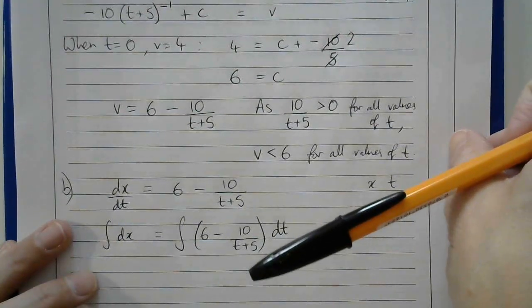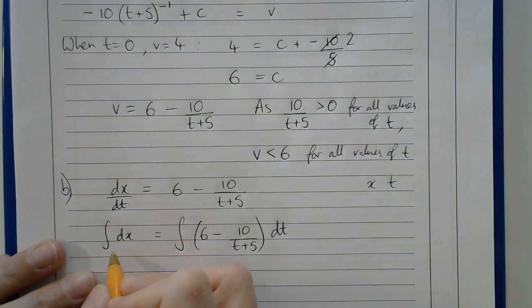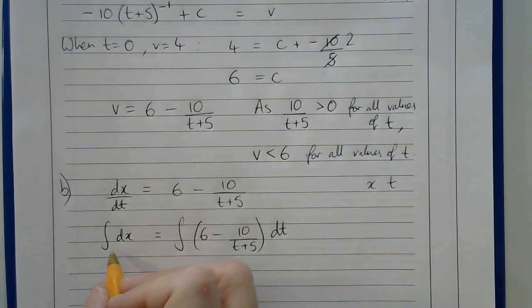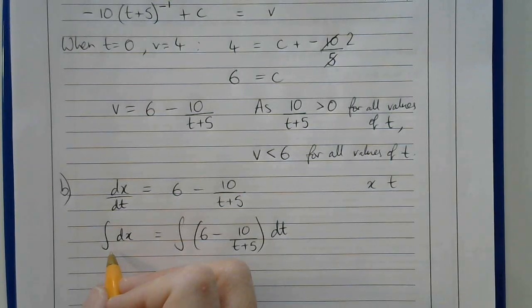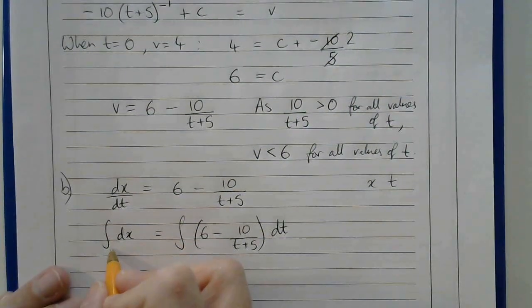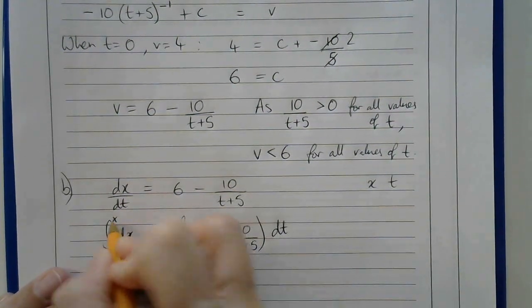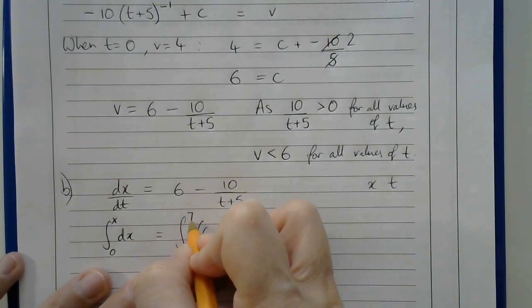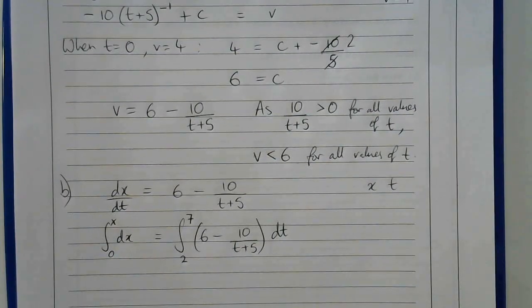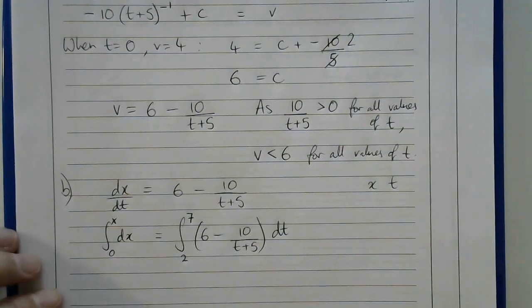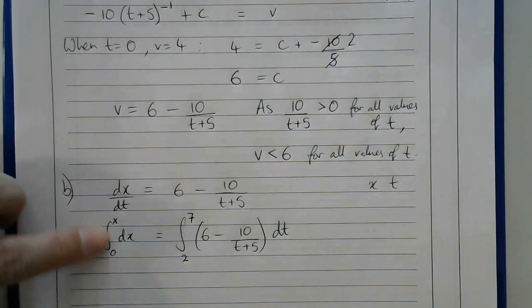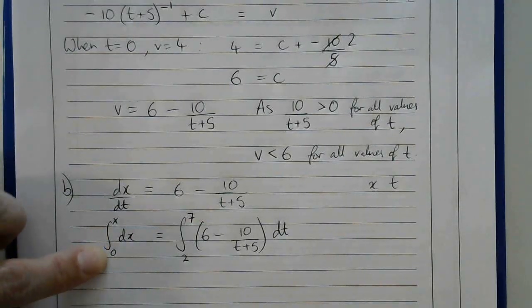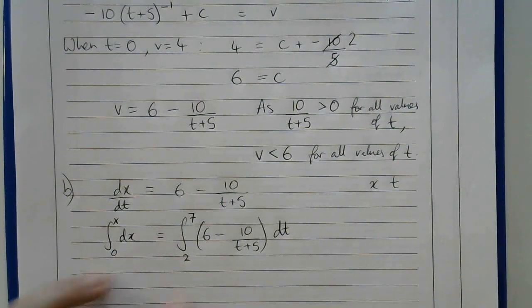So I could just essentially say that the value of x is going from 0 to a specific value x, and here the time goes from 2 to 7. And so essentially we're just measuring the displacement from wherever it was when time is 2.